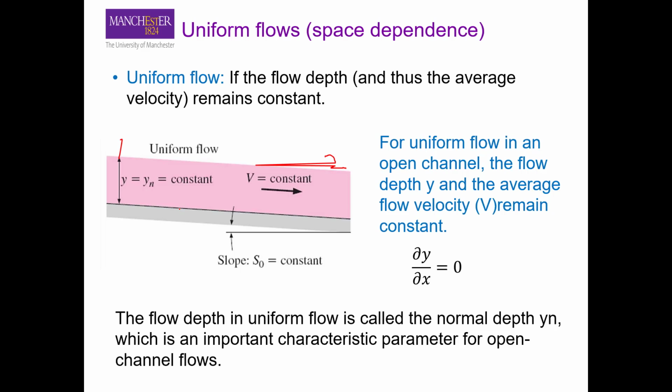Okay, so if you have a uniform flow, we also call your flow depth, that is y, that I defined in part 1 of this lecture, the distance between the surface of your fluid and the bed of your channel, the normal depth. Okay, and we represent it as yn, and it means that we can say your system is in uniform flow. Okay, and this yn is actually an important parameter that we need to calculate for open channel flows to understand what will be the level of the liquid in your open channel.